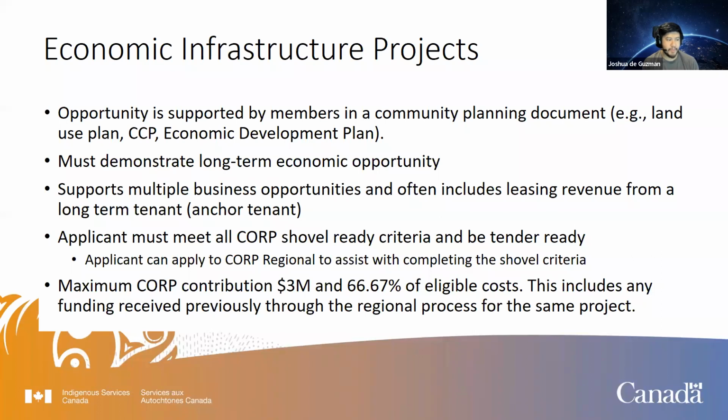That would be a tenant that is expected to be there long-term, like a Walmart or something like that. And it should be clearly shown that that is the anchor tenant, because that's something that we get a lot of hold-up on.